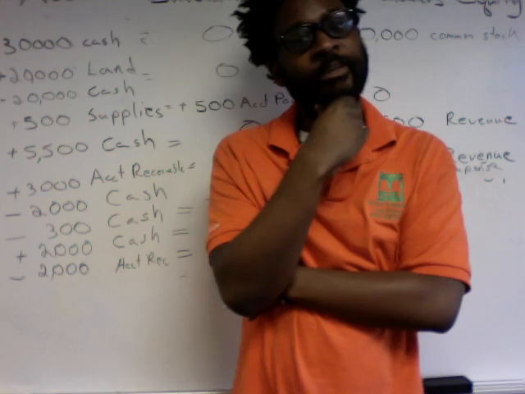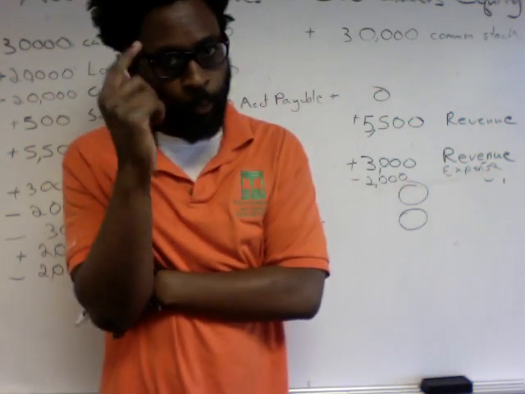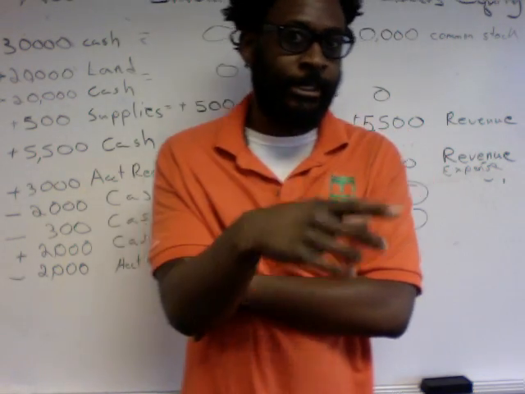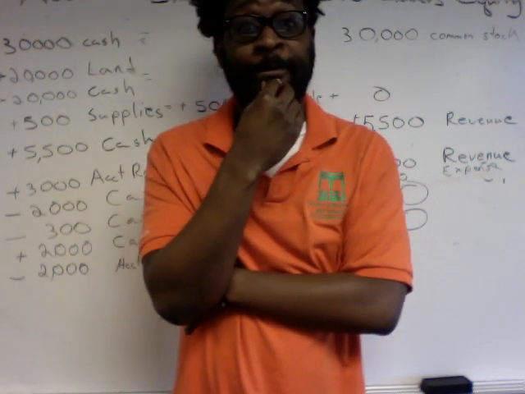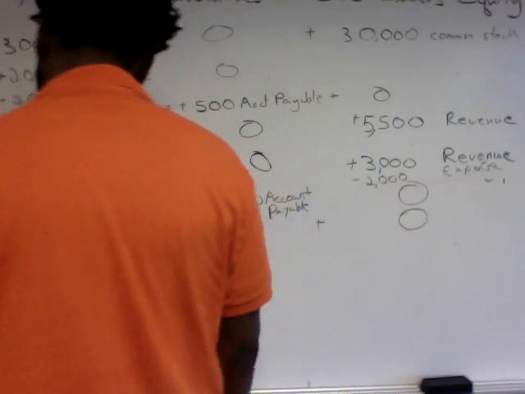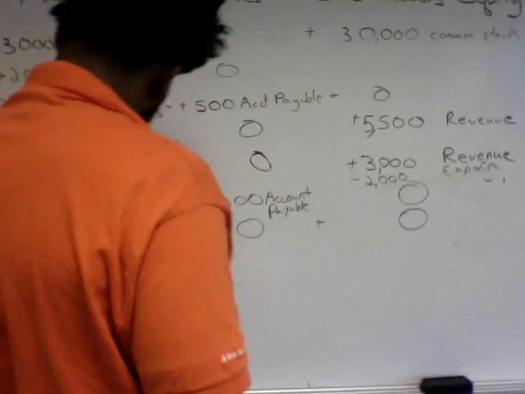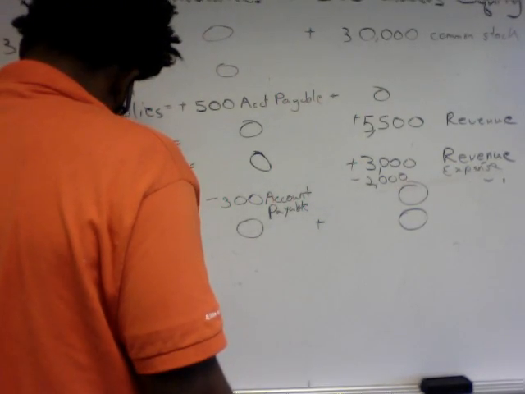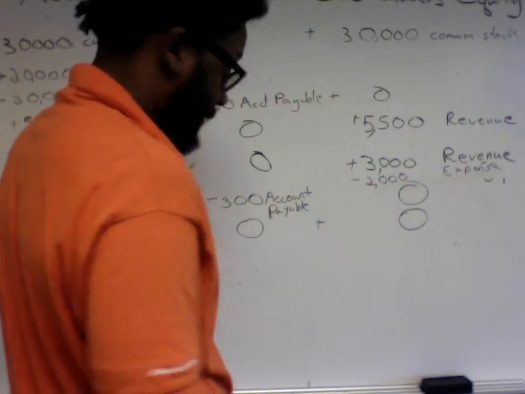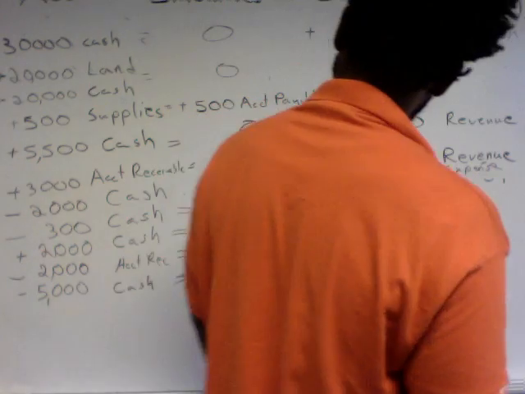Every time you see paid, what should be registered in your mind? Cash is going down. Cash is always going down anytime you pay something, so you automatically attack your assets. So our assets are going down $5,000 under which account? Cash. And of course we have to finish balancing this out.